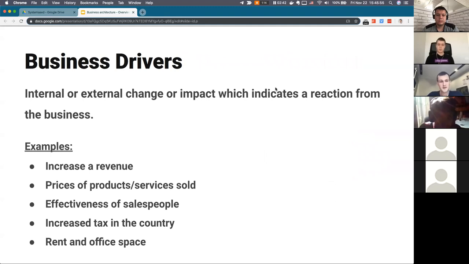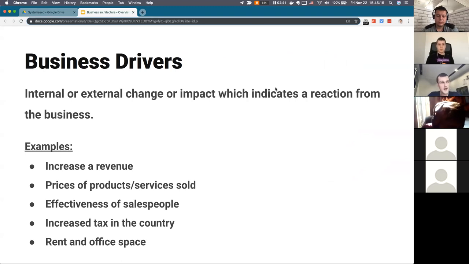First thing is business drivers. What is a business driver? A business driver is an internal or external change or impact, which indicates a reaction from the business. So it's something that requires reaction from the business. Some examples of business drivers.